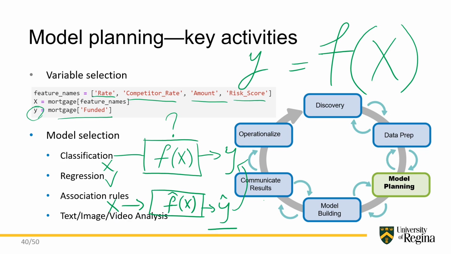Sometimes high accuracy is better, sometimes we want something that has more precision, and so on. We'll talk about that later. But this is the goal of our model. So here you see the reason that we say X is those features: we want to give the rate, competitor rate, amount, and risk score.